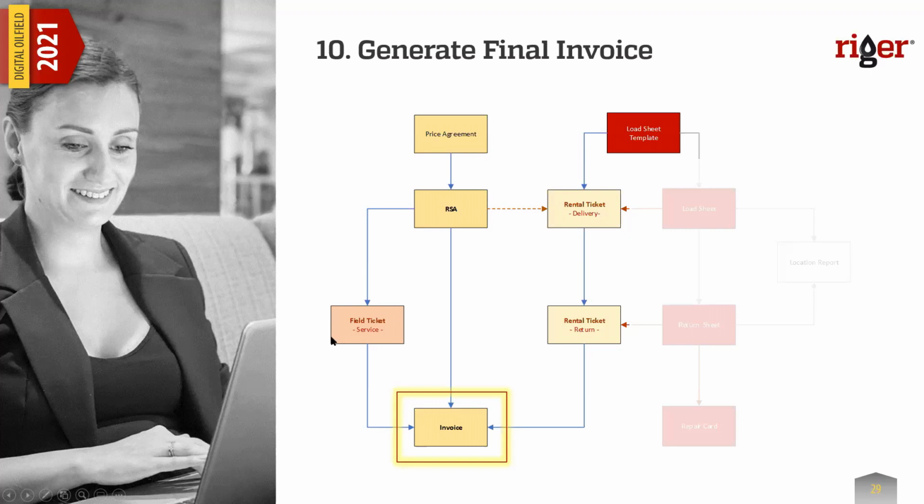So that will be your service job. You'll have a number of field tickets, and then it will come to the invoice. So the process will be much easier and much simpler. You just have RSA, field ticket, and invoices.